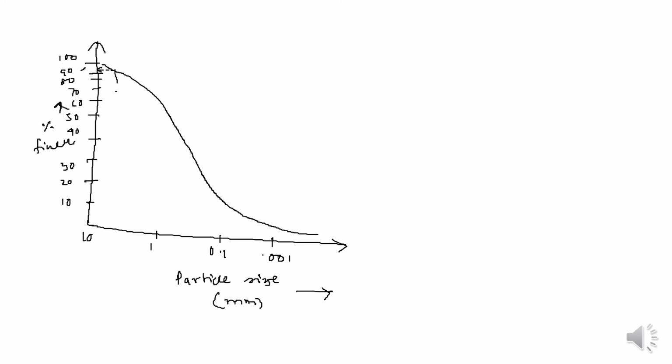So suppose this is the point, we get a particle size as 4.75 millimeter, right? Corresponding to 2 millimeter, we get 64, so it will lie somewhere here. So it would be 2, right? So let me pass this graph from here.